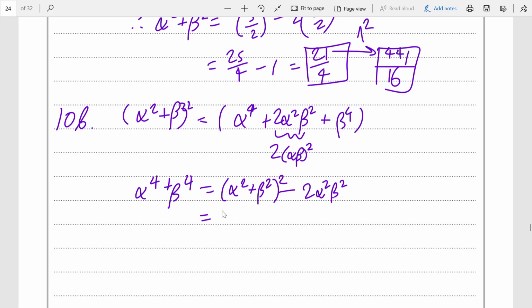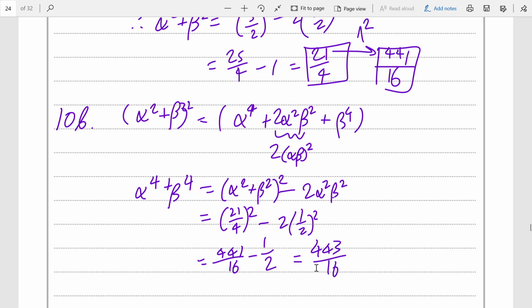So it would be 21 over 4 squared minus 2 times 1 over 2 squared, which would be 441 over 16 minus 2 times a half squared, and a half squared is 1 over 4, so minus 2 times 1 over 4 is minus a half, and this of course would evaluate to 433 over 16.